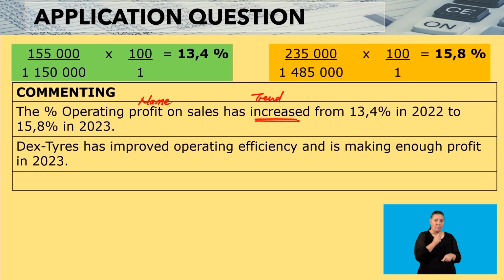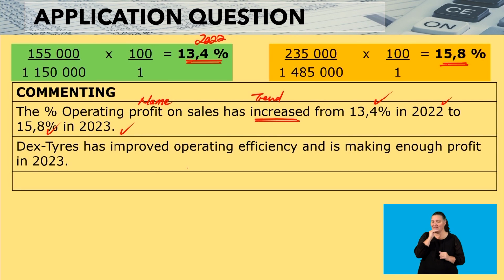Has increased from 13.4% in 2022 to 15.8% in 2023. Very important that when you comment on your financial indicators, you mention the name, the trend, and the figures. These things have to go hand in hand.